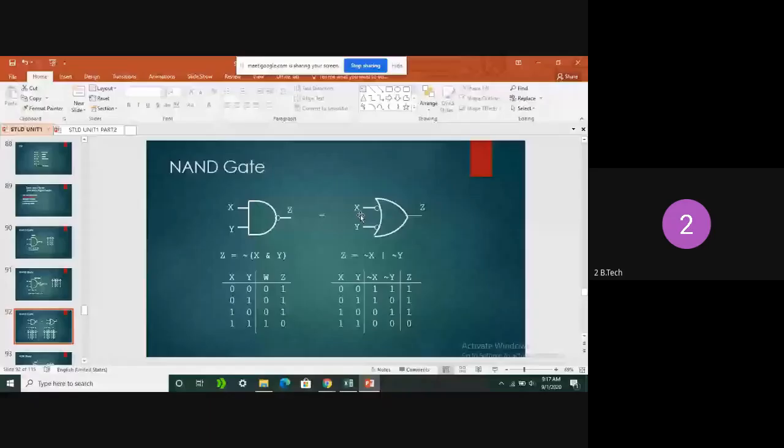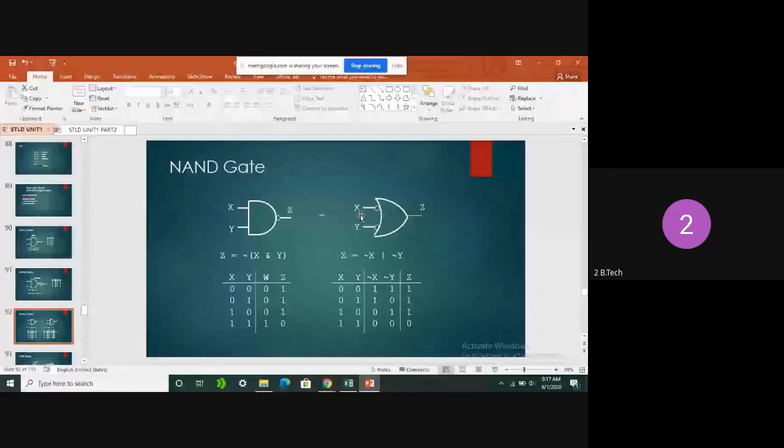The NAND gate can also be represented as an OR gate with inverted inputs. Both are the same. If you provide a NOT gate or inverter at the output of an AND gate, that will become NAND.